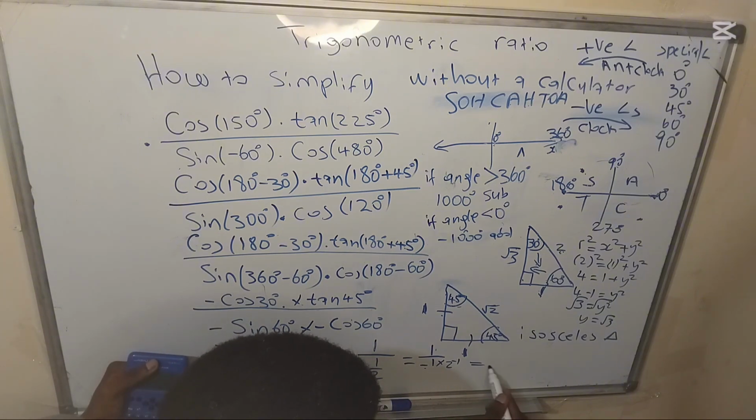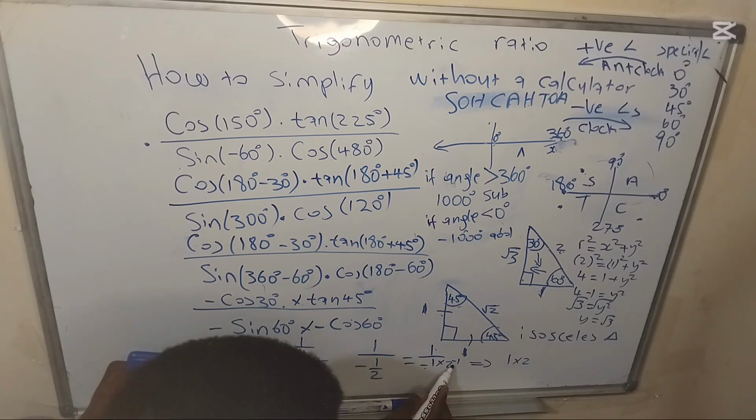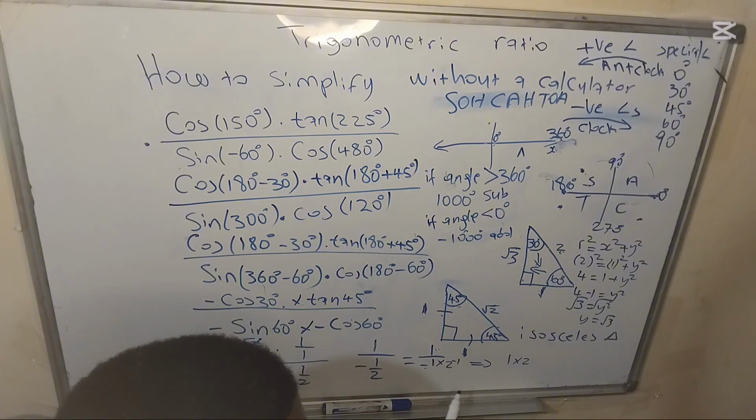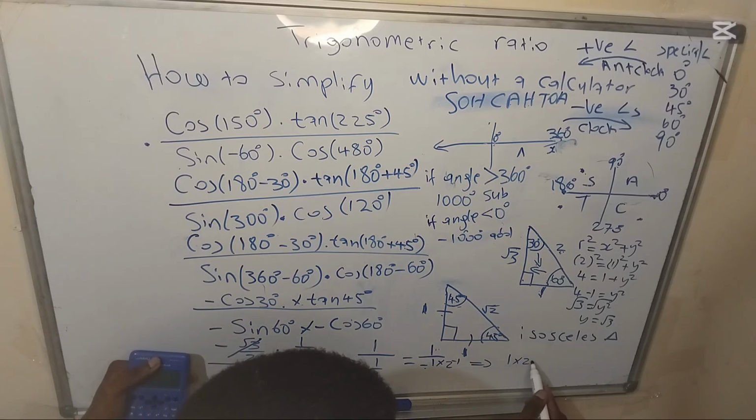So you are going to have 1 multiplied by 2 to the power positive 1, all divided by negative 1, because when you multiply it here, the exponent is going to change the sign.